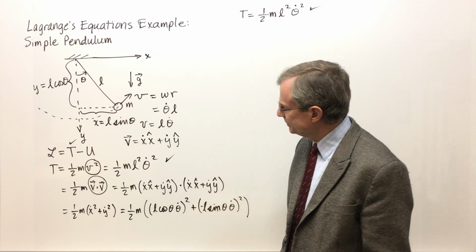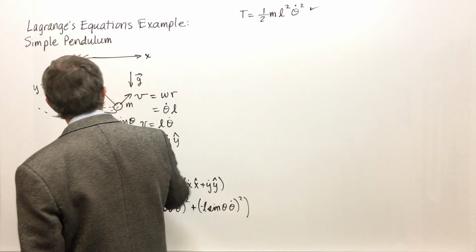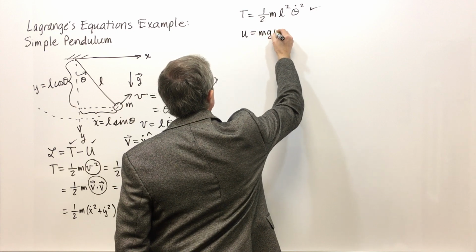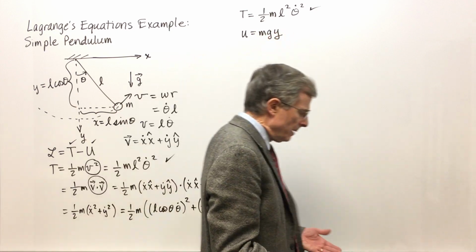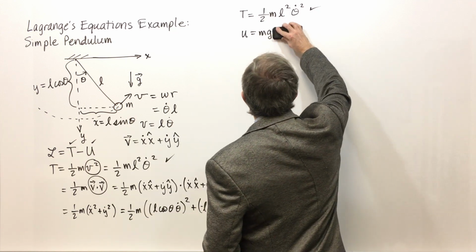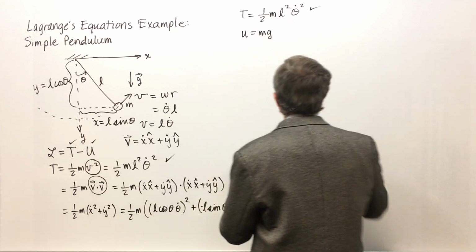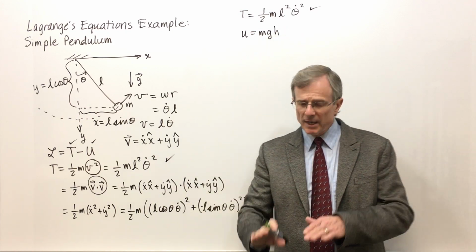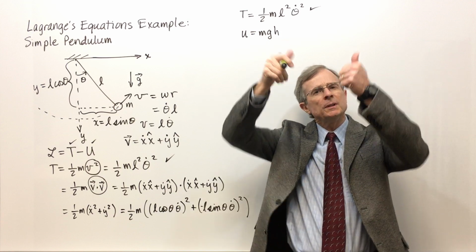Potential energy is no big deal. It's mg times, and let me be careful, mgh, where h is measured vertically upward.